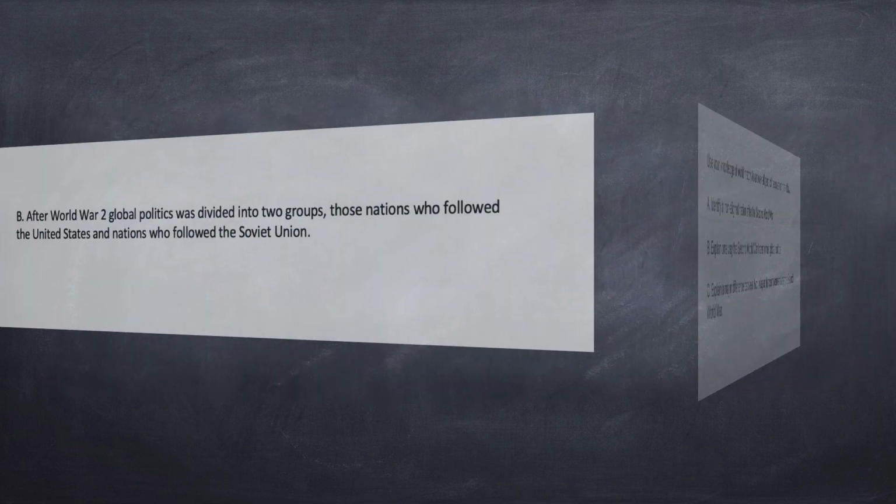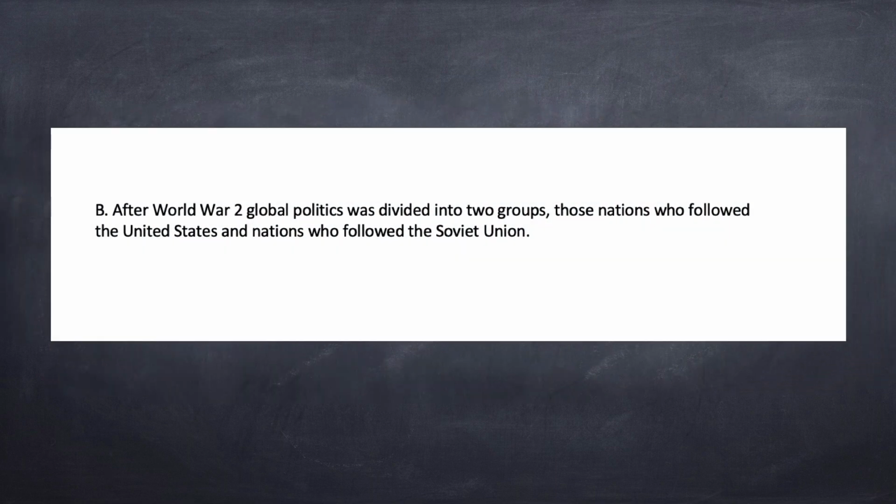So let's look at a few examples. So here's one. After World War II, global politics was divided into 2 groups, those nations who followed the United States and nations who followed the Soviet Union. Now, those are true statements. You do have these 2 spheres of influence, but there's nothing that explains how World War II led to that. And this was a common mistake. Even more common was when people brought up the Suez Crisis, which I did mention in the podcast.